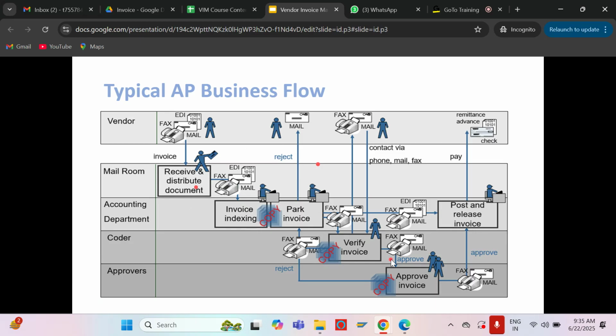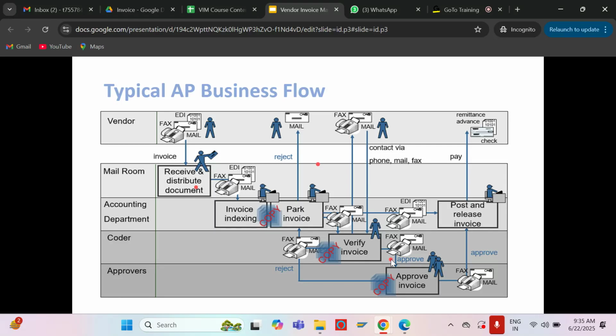Now, at that particular moment, there are chances that a fraud can happen. The invoice might get lost, the real invoice. If there are any changes on the invoice, the users might get confused about what is the real invoice, which invoice needs to be processed. So there are a lot of challenges here, right?